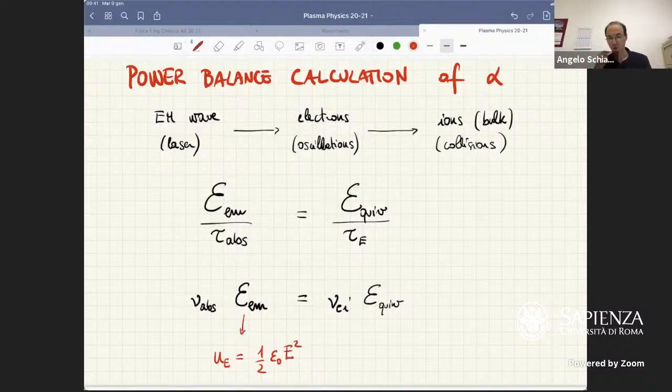There's a term for the electric field, and another term for the energy density of the magnetic field.